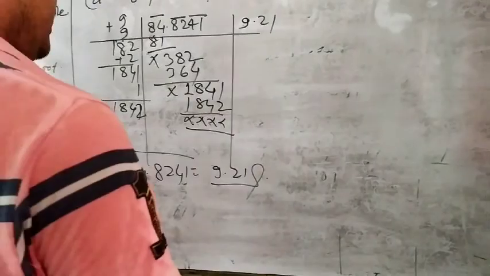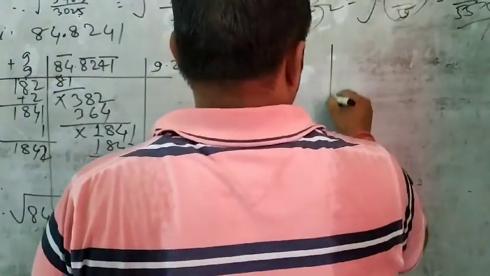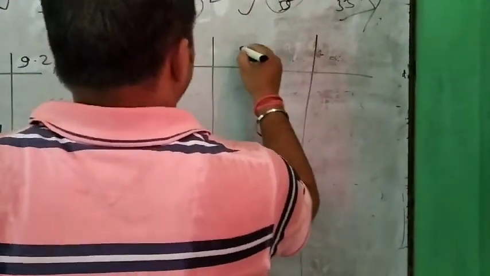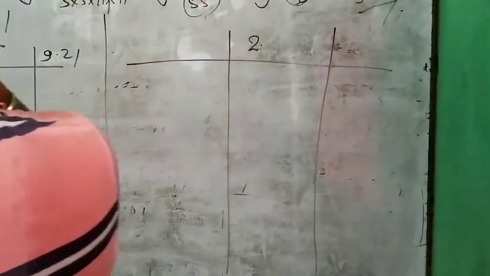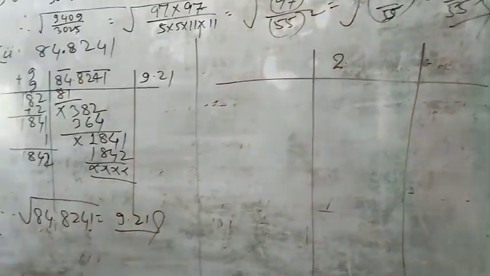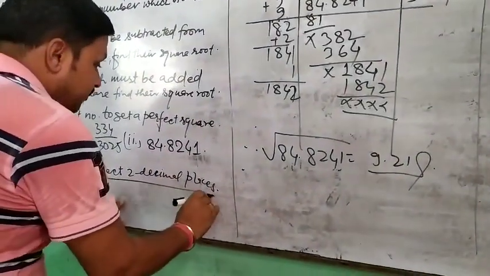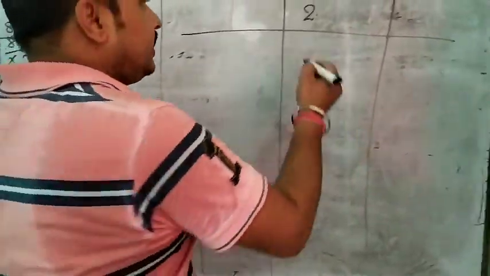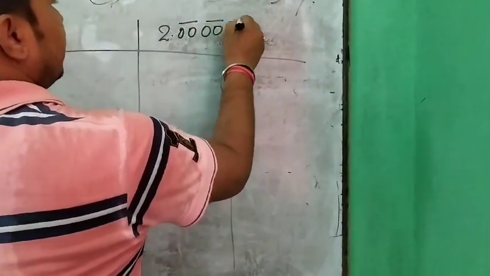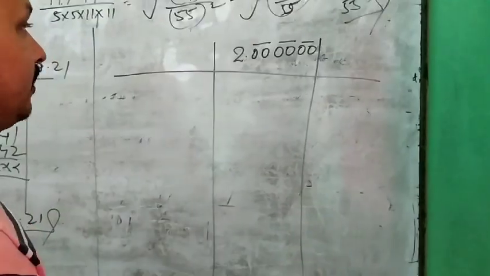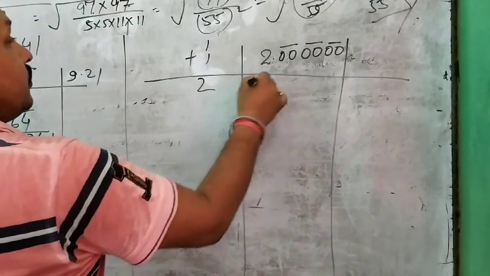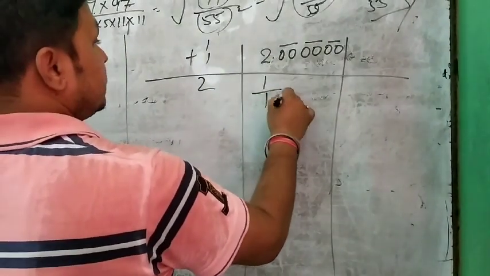Now how can we find the value of root 2 as a square root up to 2 decimal places? Here the question is correct up to 2 decimal places. So we take 3 pairs of 0. 1 times 1 is 1, 2, 1, 1, 0, 0.